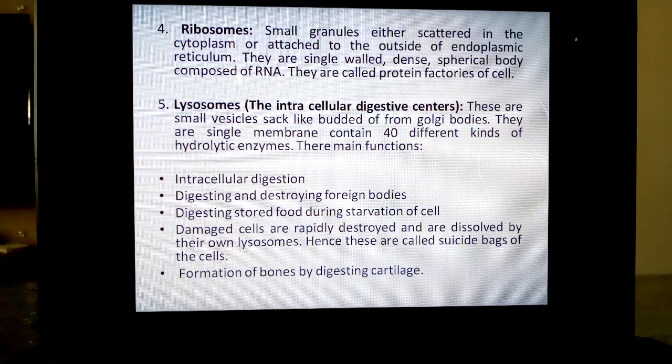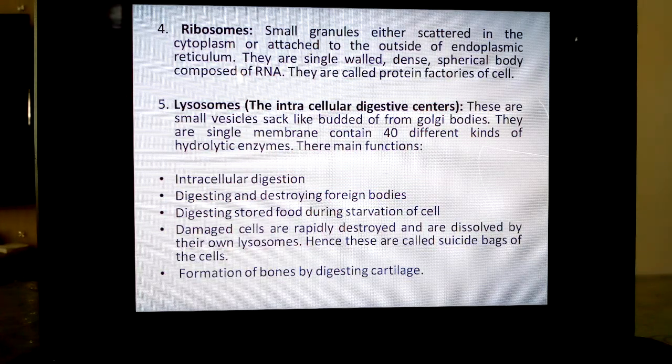From there they are budded off and enter into the cytoplasm, and later they get some function and are called lysosomes. They are single-membrane structures containing 40 different kinds of hydrolytic enzymes. Got it? These are structures which produce a lot of enzymes.